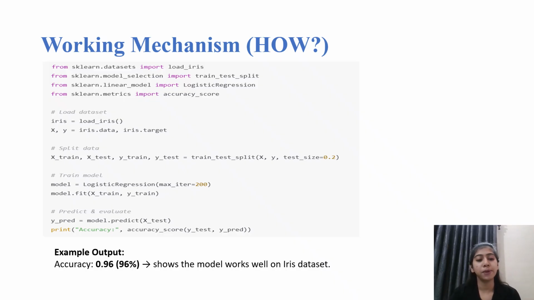Then we have made the model predict the values using the function model.predict, and we have passed the parameter of X_test. Then lastly, we have checked the accuracy of the model using parameters like y_test and y_pred. So, for example, if we take that our accuracy is 0.96, which is 96%, that shows that our model works well on the iris dataset.